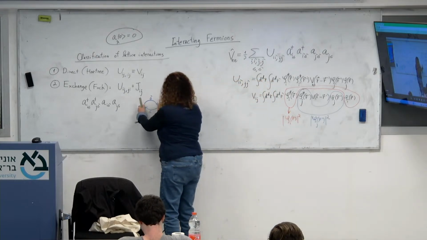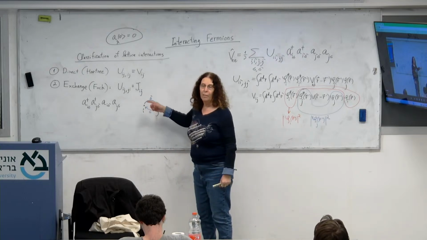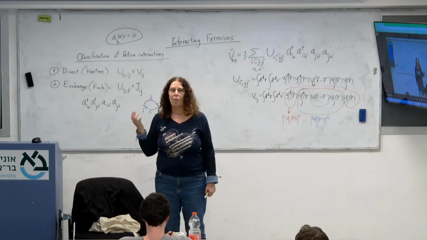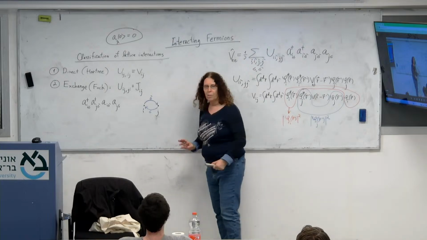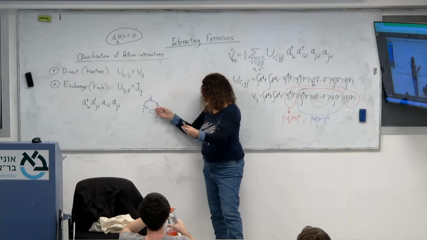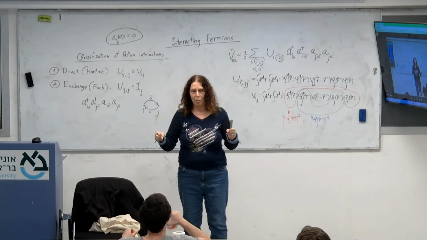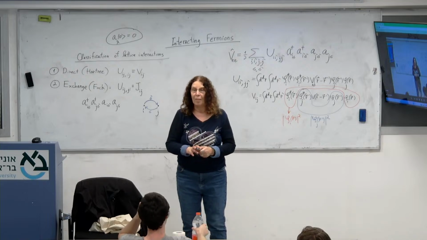taking two electrons. By the way, sigma and sigma prime can be any spin, so they can be the same spin or different spins, and we'll distinguish the two cases. But whatever they are, what are we doing? We're taking two identical electrons and exchanging them. Okay?